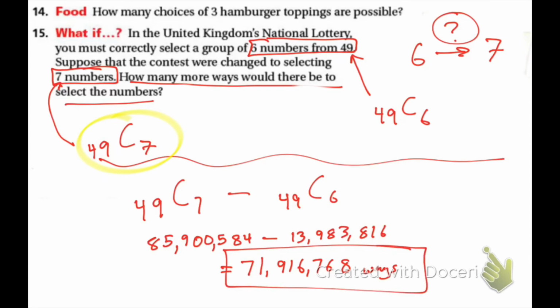So if you add one number, there are 71,916,768 more ways to select the numbers. So you see, just by adding one number to the lottery, how many more ways you can select the numbers. So it really increases the total number of ways.